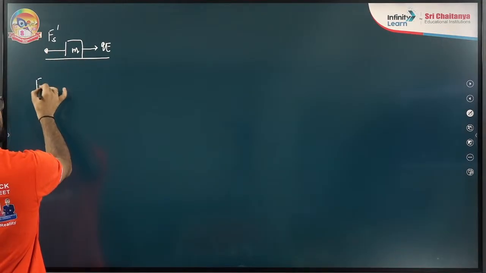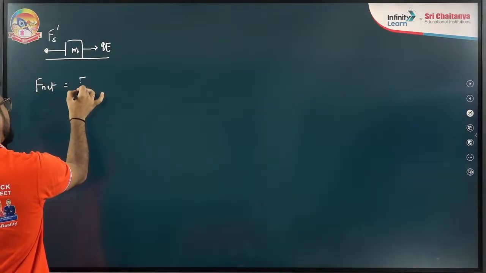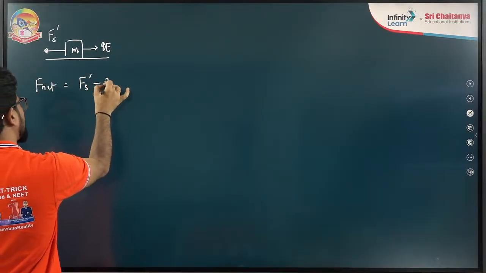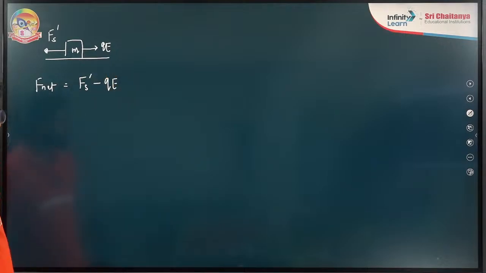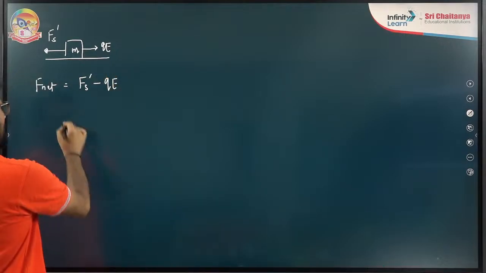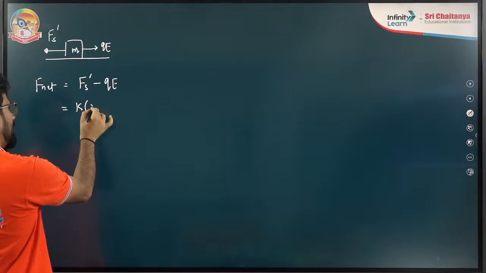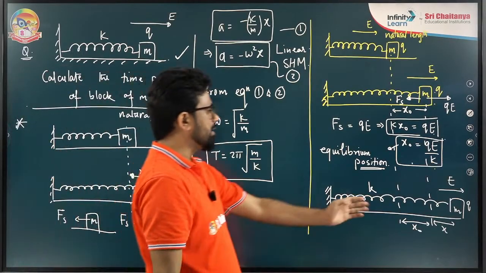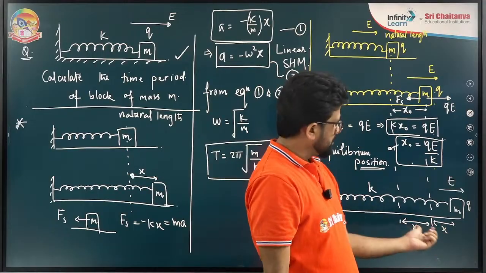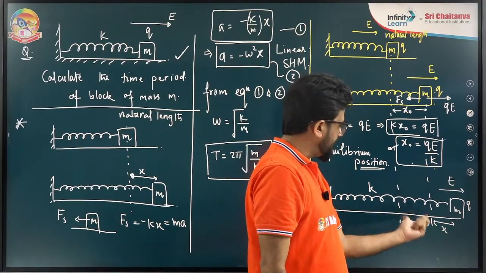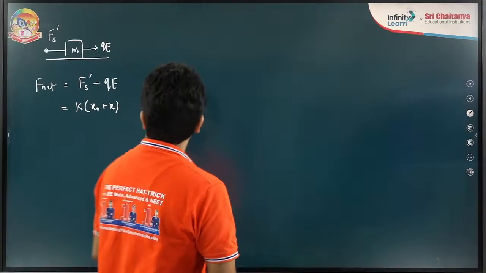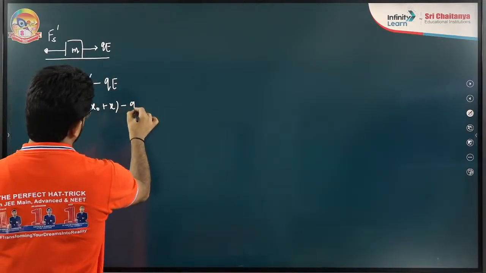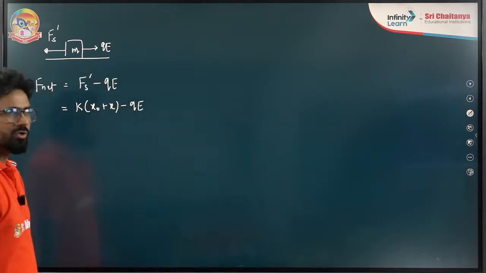So the net force is equal to spring force minus QE. What is the spring force? K into (X naught plus X), because the total extension is now X naught plus X, minus QE.